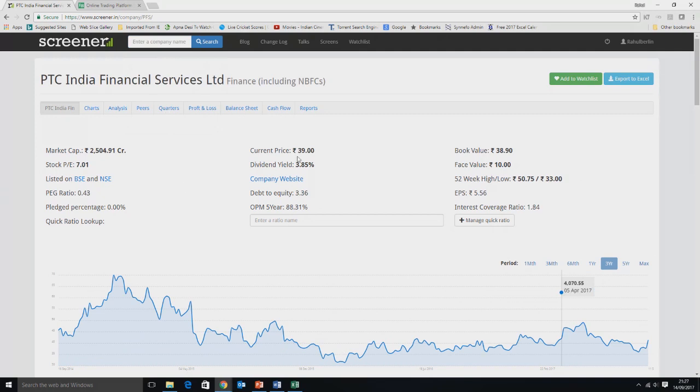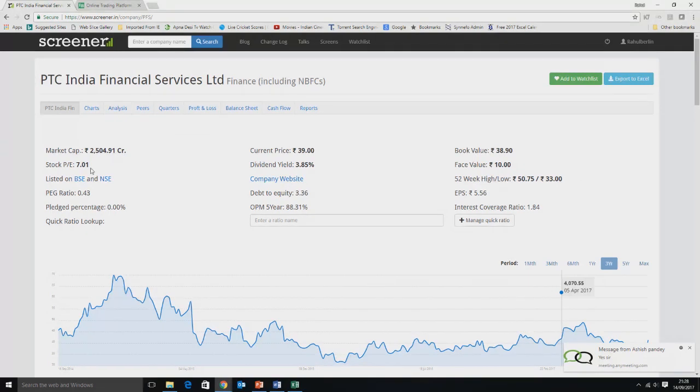Okay. So the current price and the book value are almost the same. So we need to investigate why the current price is close to the book value. Ideally, the current price should be in a range of 3 to 5. Anyways, stock P is 7.